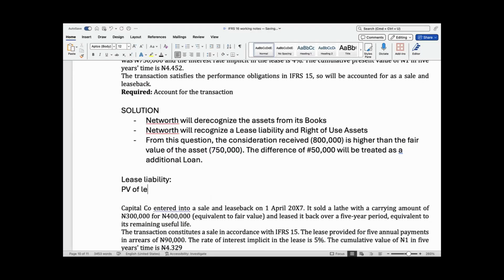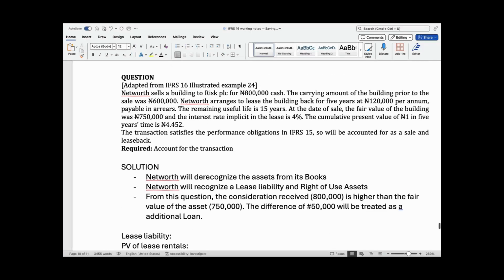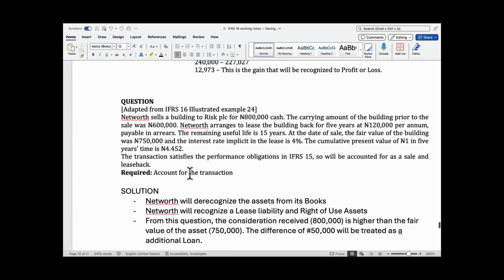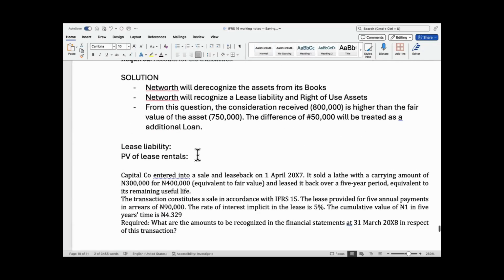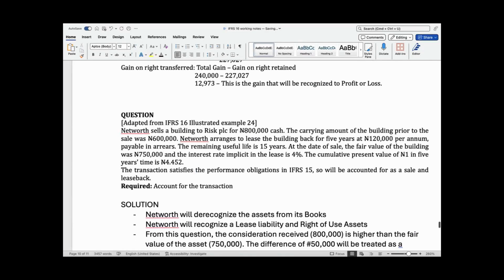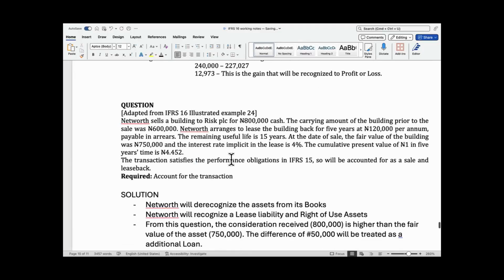No, but we can calculate the PV of lease rentals. They told us that he will pay annual rent of 120,000 per annum. So we need to discount that to present value using annuity factor.